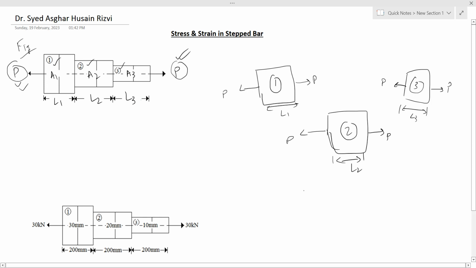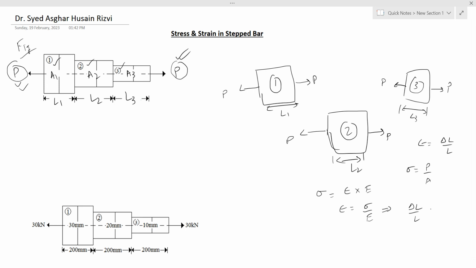As we know, according to Hooke's law, sigma equals epsilon into E, the elastic modulus, and epsilon equals sigma upon E. We also know that sigma equals P upon A, force upon the cross-sectional area, and epsilon equals del L upon L. So from here, del L upon L equals P upon AE.